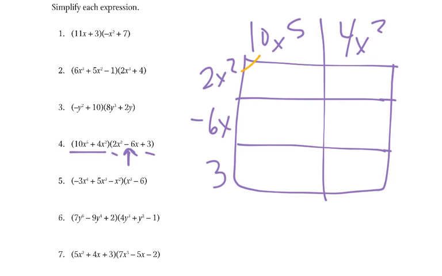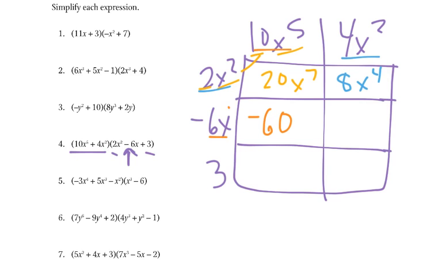Then we start multiplying. 2x squared times 10x to the 5th. 2 times 10 is 20. X squared times x to the 5th, x to the 7th. 4x squared times 2x squared. 4 times 2 is 8. X squared times x squared is x to the 4th. Okay. Negative 6x times 10x to the 5th. Negative 6 times 10, negative 60.